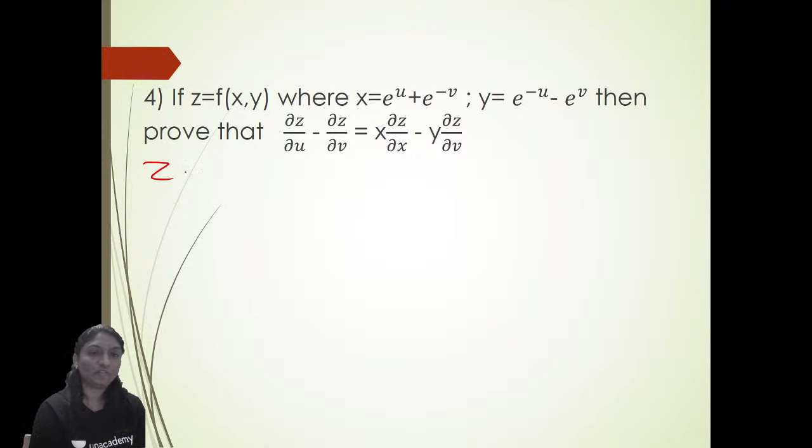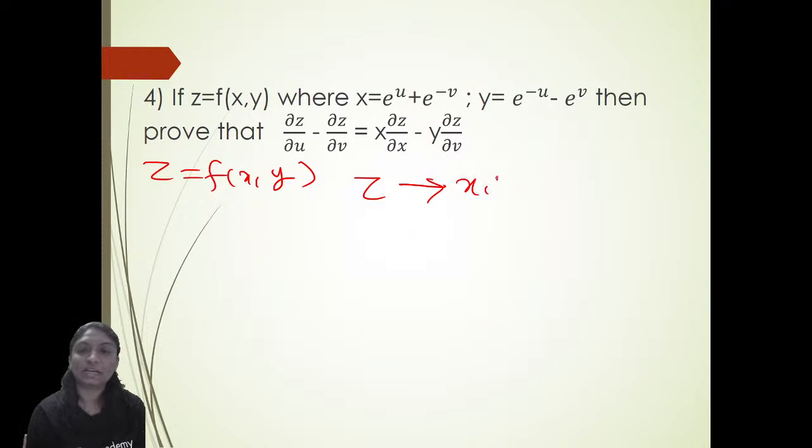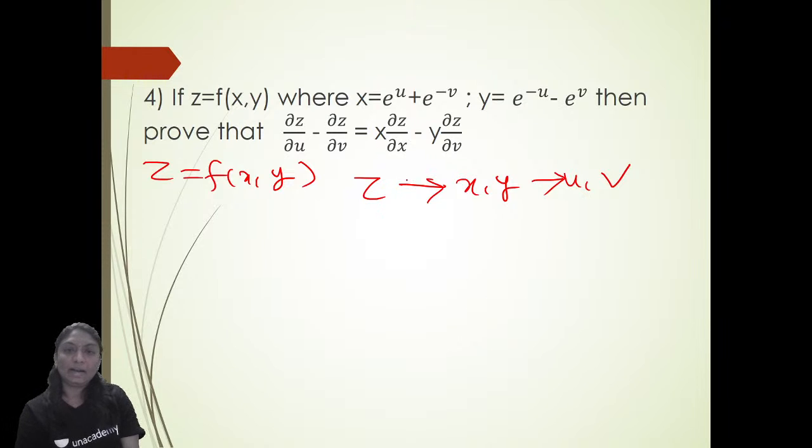See, z is a function f of xy, right? And suppose here we can write z is a function of x and y, and x and y are functions of u and v. So we require ∂z/∂u.